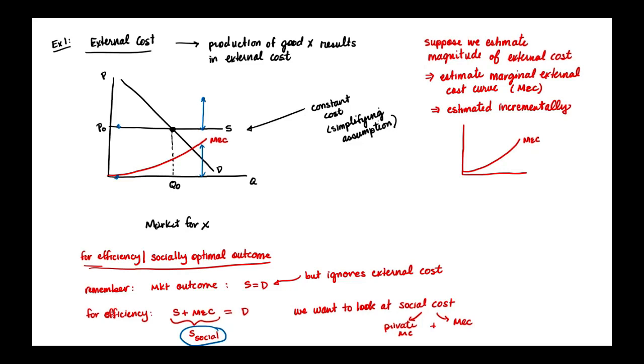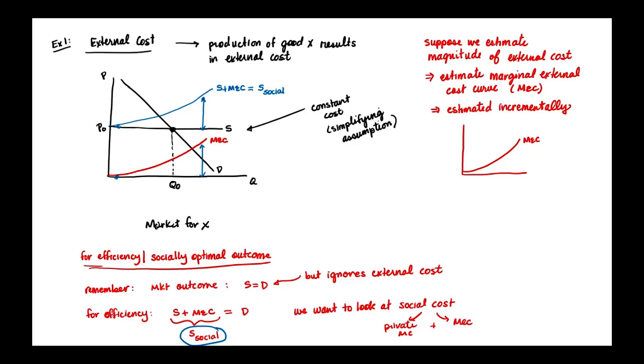So I started with the supply curve and I added marginal external cost on top of it, right? Everybody with me? So that's going to give me something like this. I started with my supply curve, I added in the marginal external cost curve, so this gives me the social supply curve.